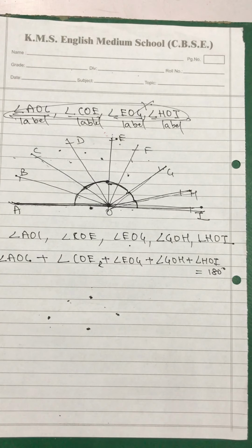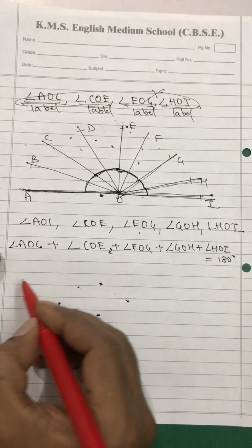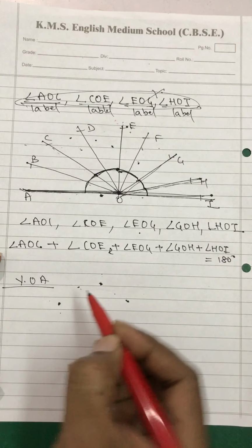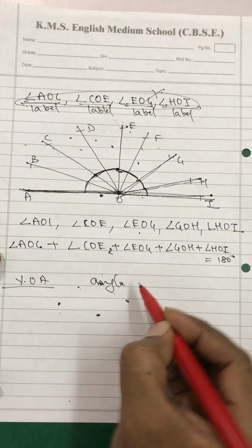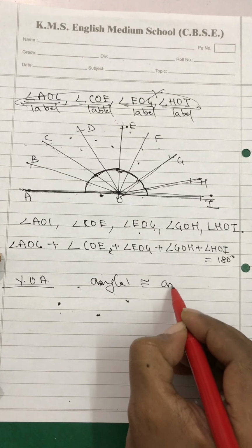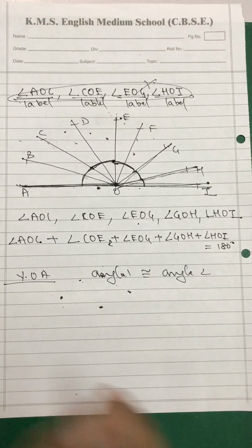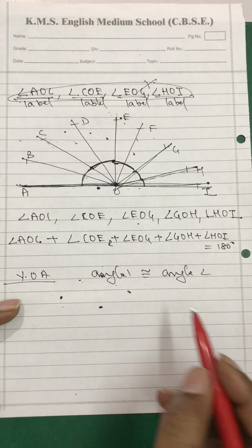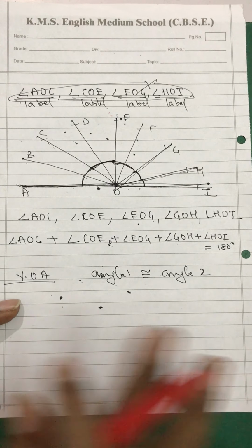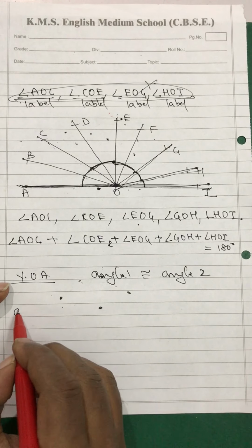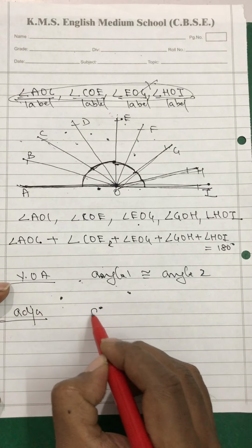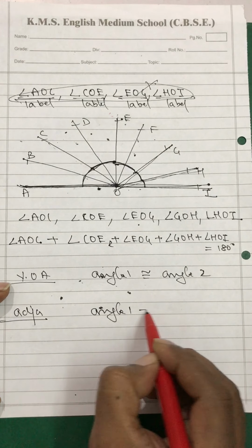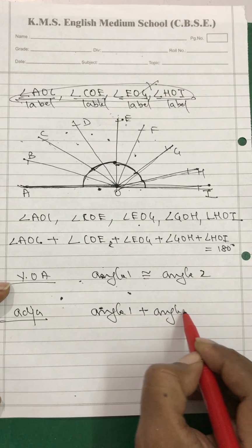Okay, my dear students, so this is how we have understood vertically opposite angles. For vertically opposite angles, the equation will always be of the format angle 1 is congruent to angle 2. Of course, they have to be opposite angles. No plus sign, no minus sign, nothing. Adjacent angles will be of the form one angle plus second angle.